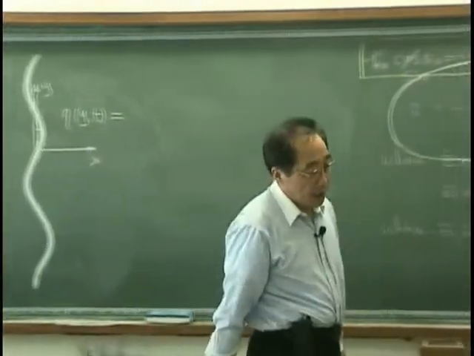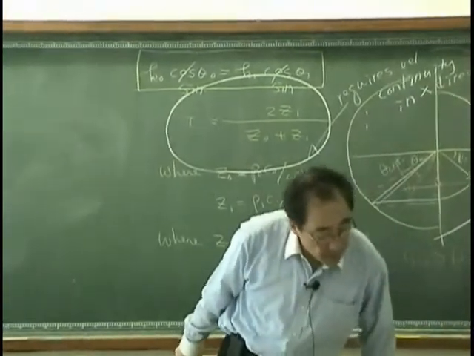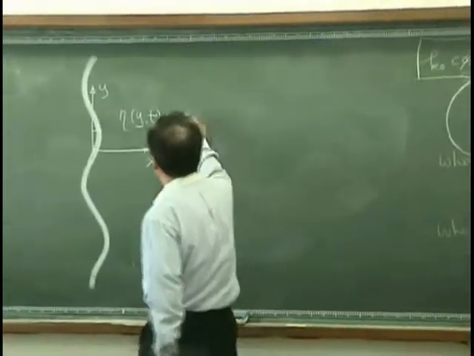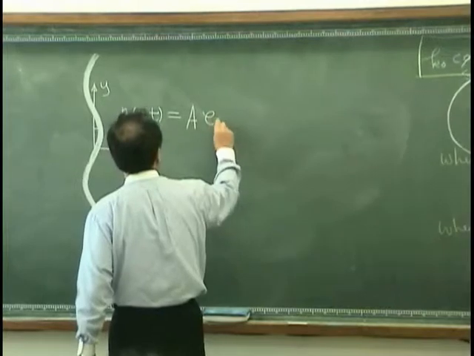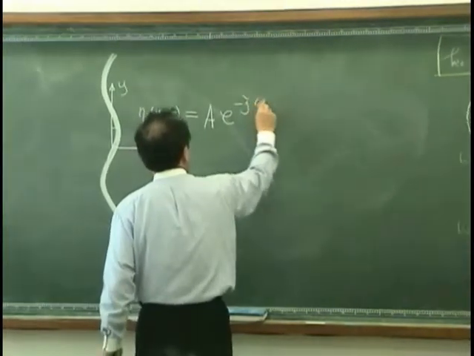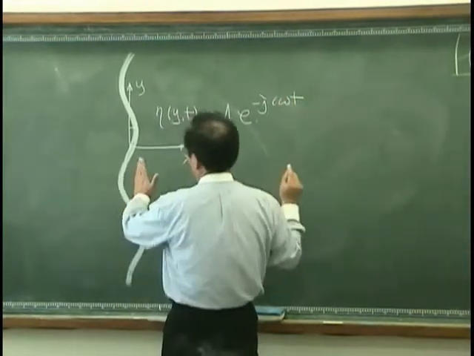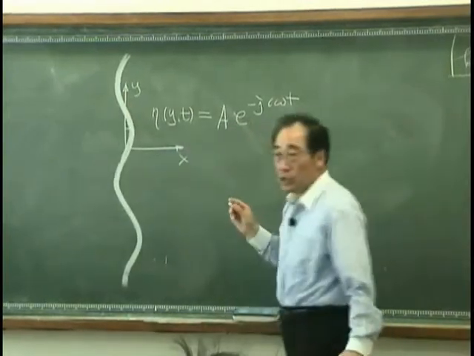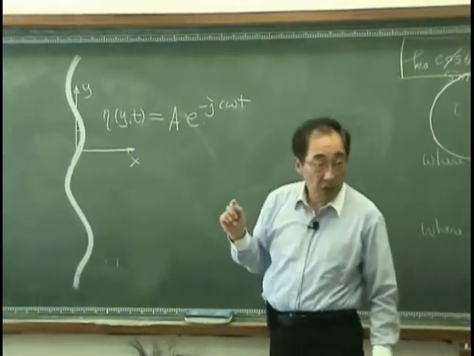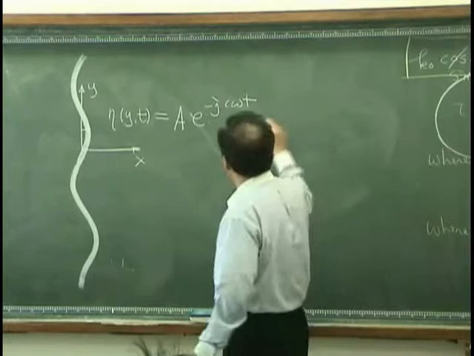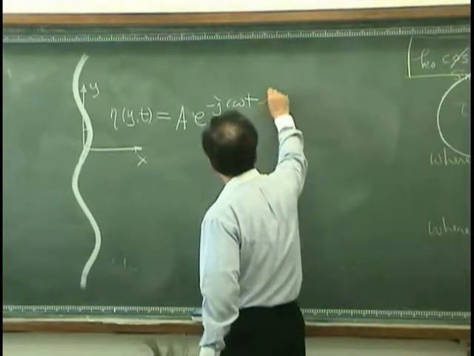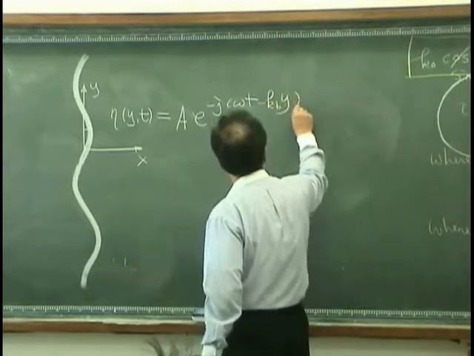That I write has complex amplitude A exponential minus j omega t, and that is propagating in positive y direction, with some wave number kb.